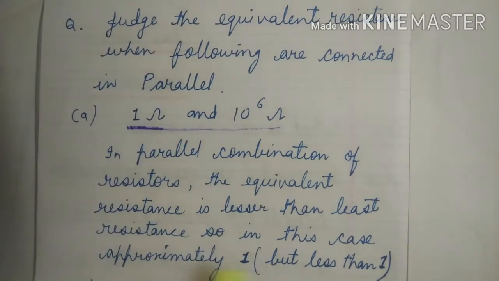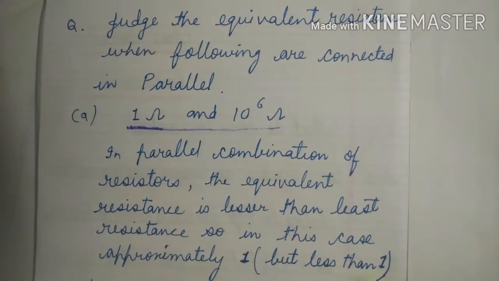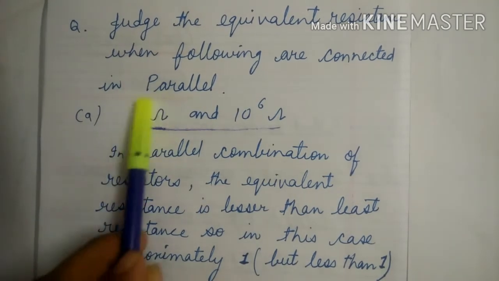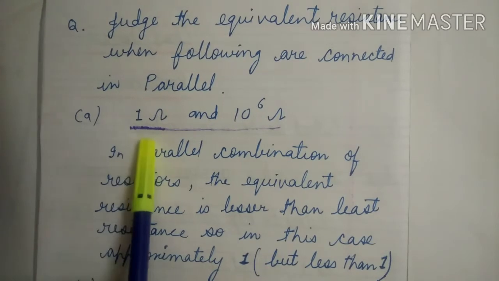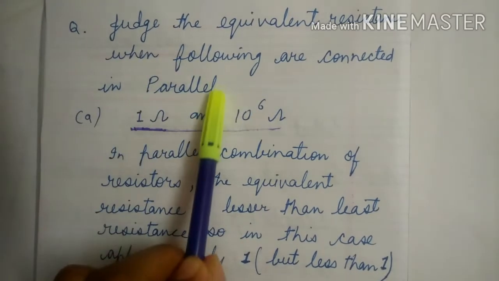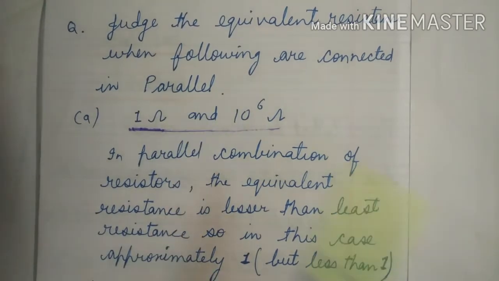So in this case approximately 1. The answer will be 1. बट लेस देन 1. ओके, 1 से कम ही वैल्यू का आंसर हमें मिलेगा फॉर द इक्विवेलेंट रेसिस्टेंस इफ दे आर कनेक्टेड इन पैरेलल कॉम्बिनेशन. इज इट क्लियर?